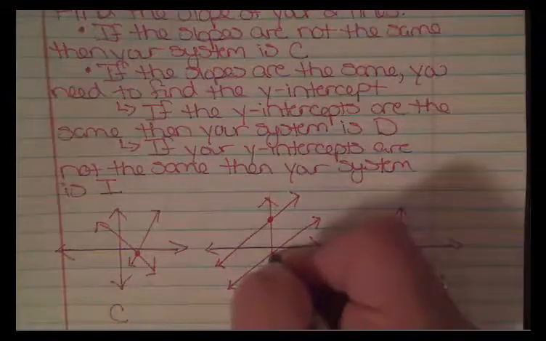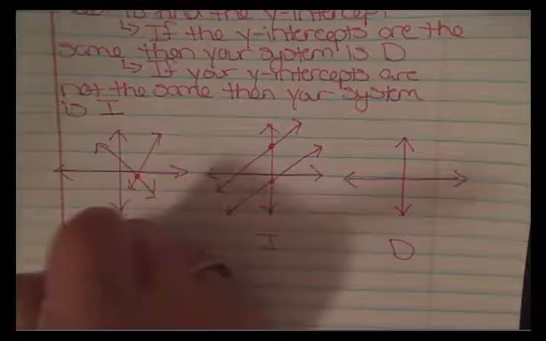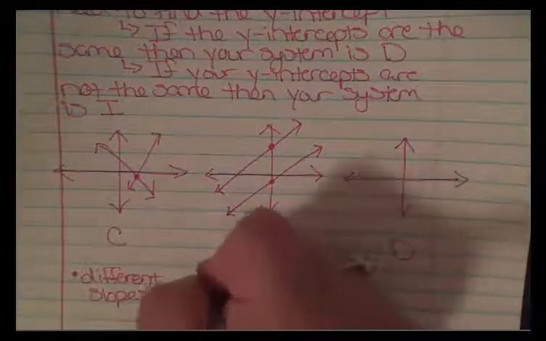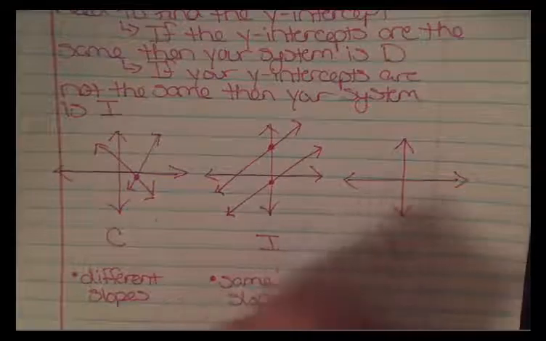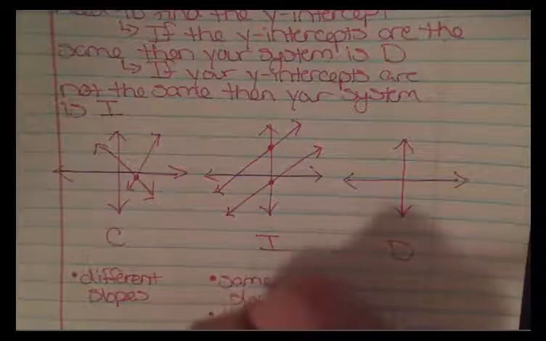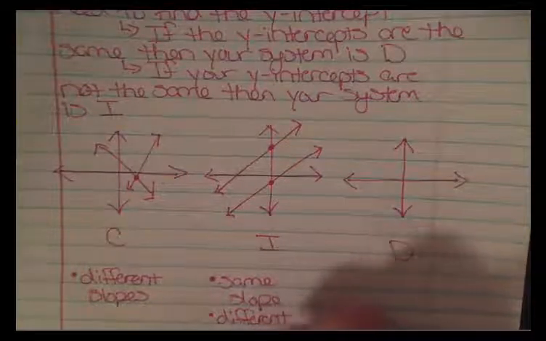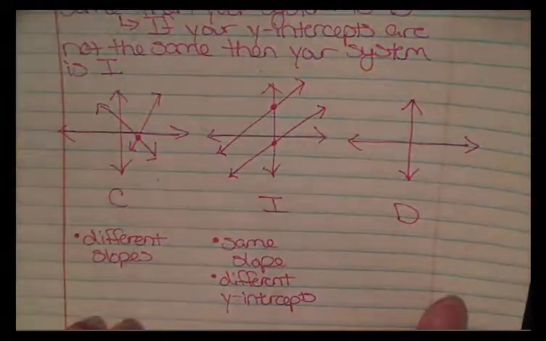So consistent ones have different slopes. Inconsistent ones have the same slope, different y-intercepts. Sorry, trying to get that all on the page for you. And then your dependent ones, let me get out my markers.